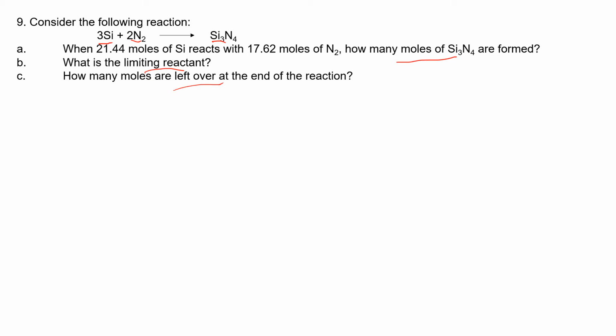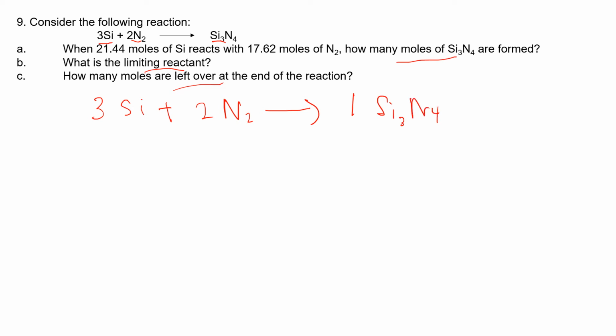So this question refers to the limiting reactant. Okay, so A, kita lihat dulu dia punya equation. So 3 moles of silicon react with 2 moles nitrogen molecule produce 1 mole Si3N4.